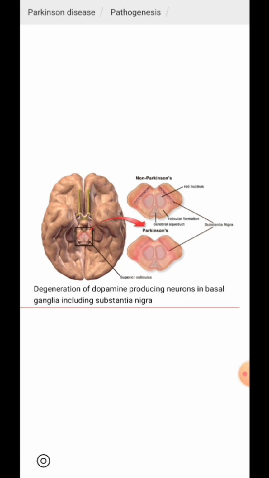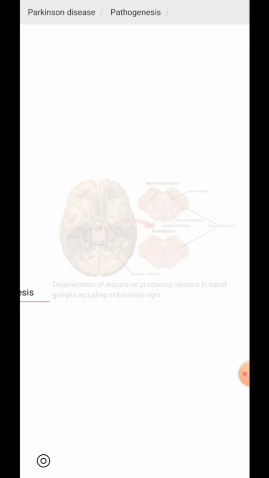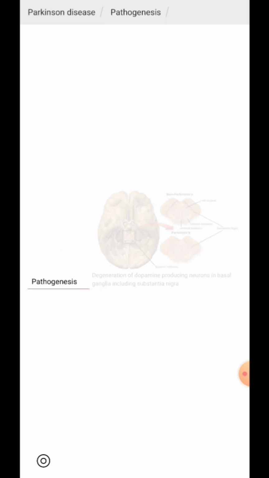Because of this, the production of dopamine is impaired in Parkinson patients, and all the clinical symptoms and signs occur due to that. That is the pathogenesis of Parkinson disease.